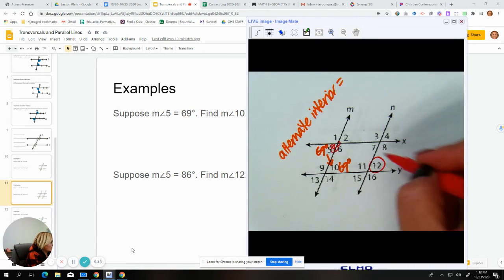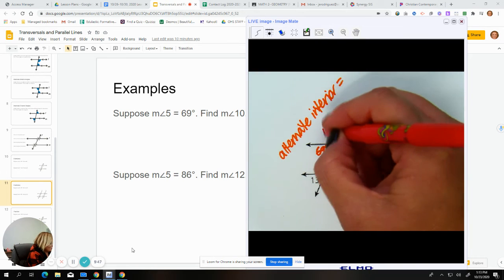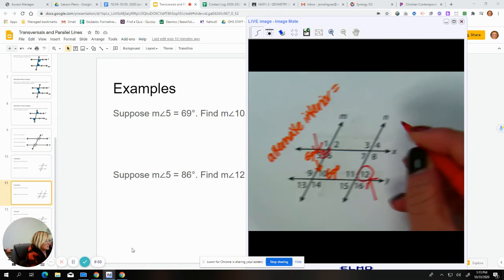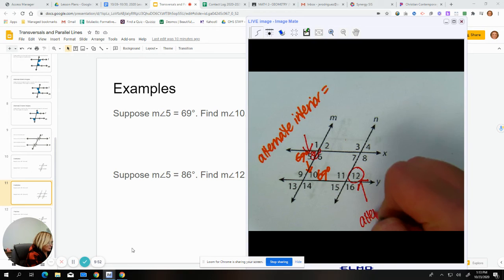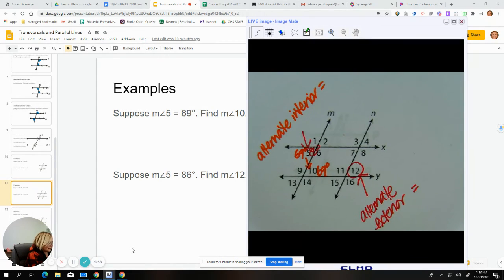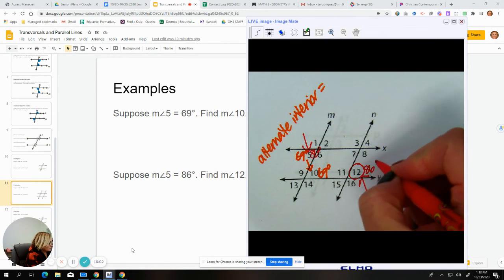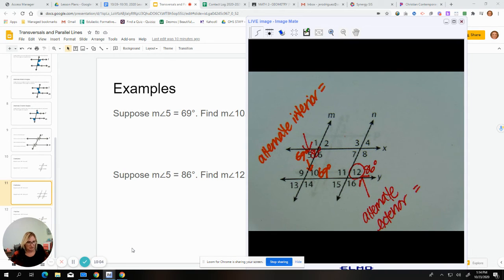Okay? So this is on the outside and this is on the outside. So these would be alternate exterior. They are equal as well. So that tells us that angle 12 is also 86 degrees.